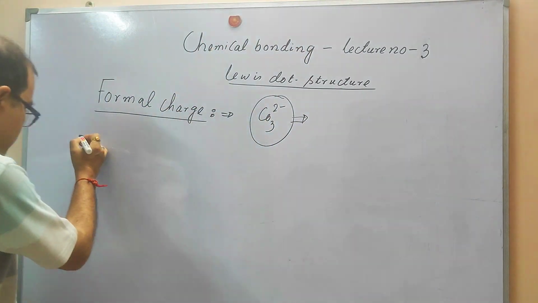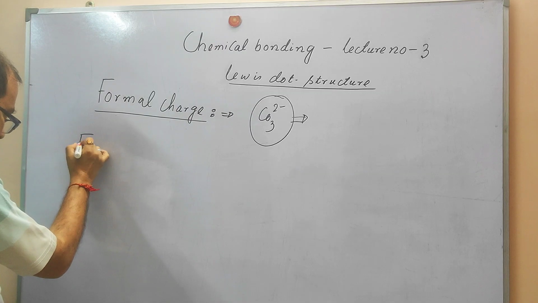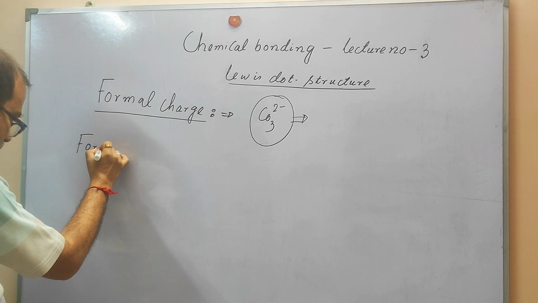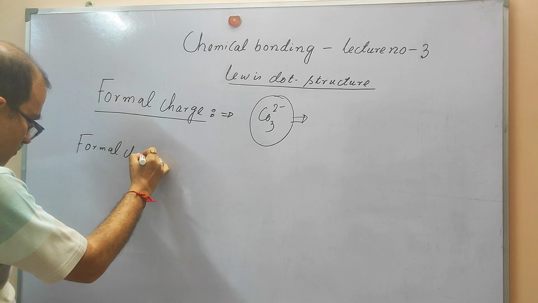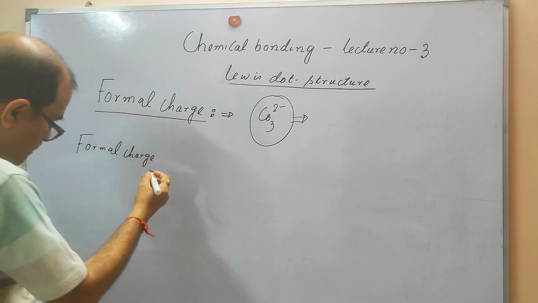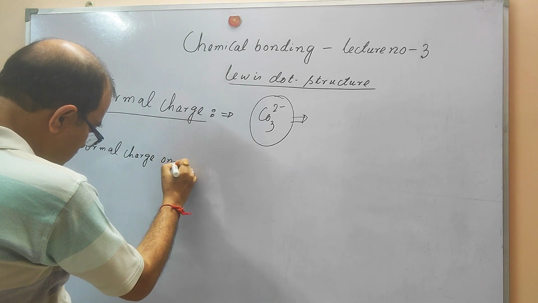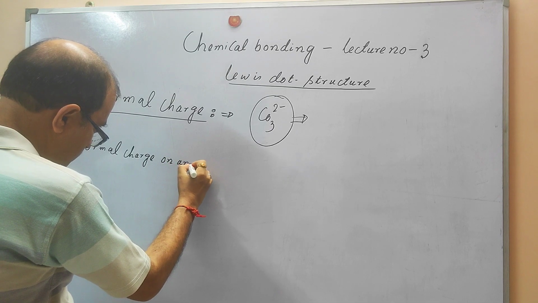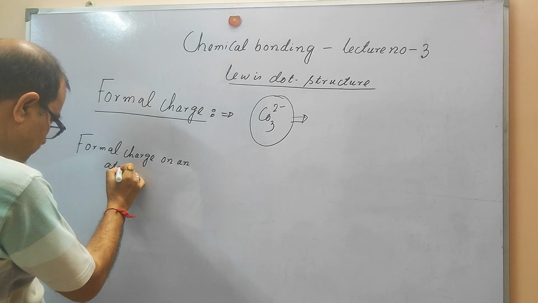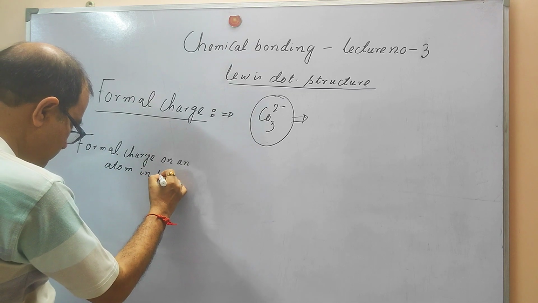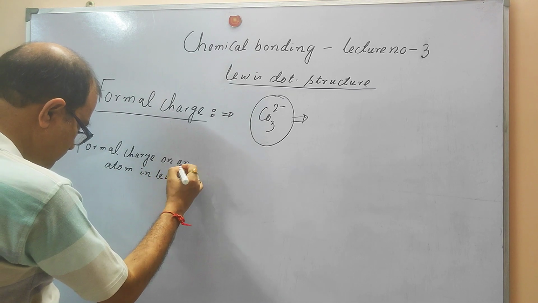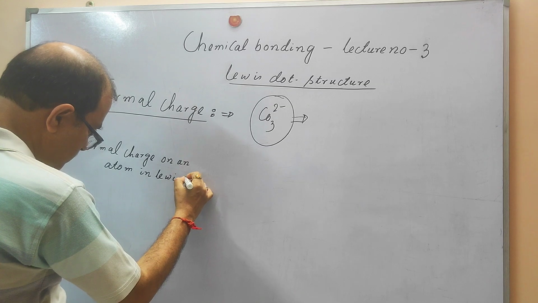So we can write the formal charge on an atom in the Lewis dot structure.